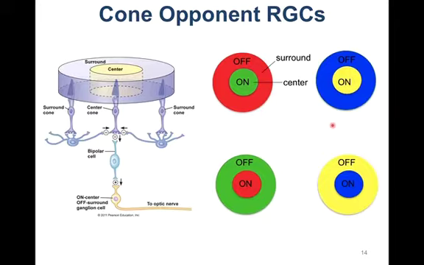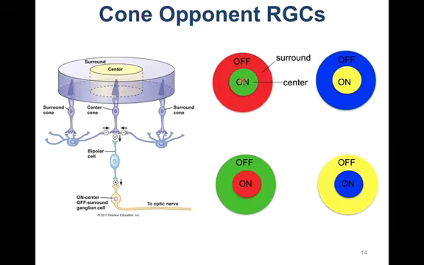Now I want to build up just a little bit onto cone opponent retinal ganglion cells. So we could think of 4 different types of cone opponent retinal ganglion cells. And remember, we're talking about the receptive field of the retinal ganglion cell, which will be made up of the bipolar cells, the horizontal cells, and the various cones in the center and in the surround.